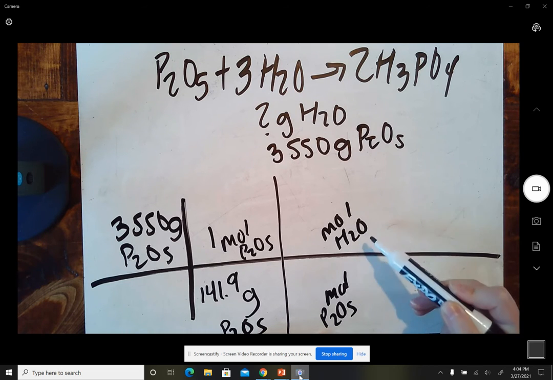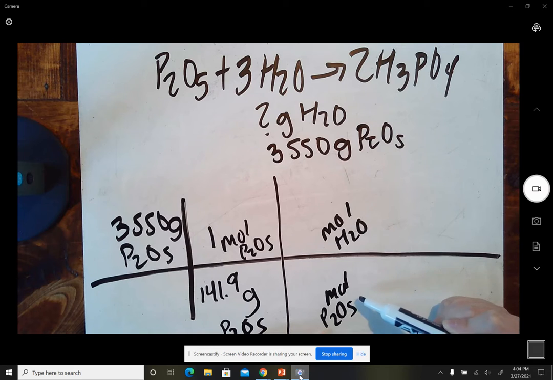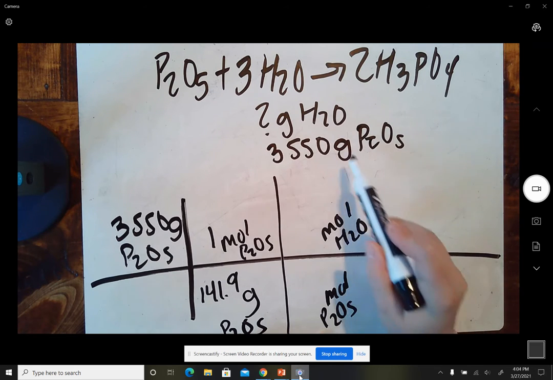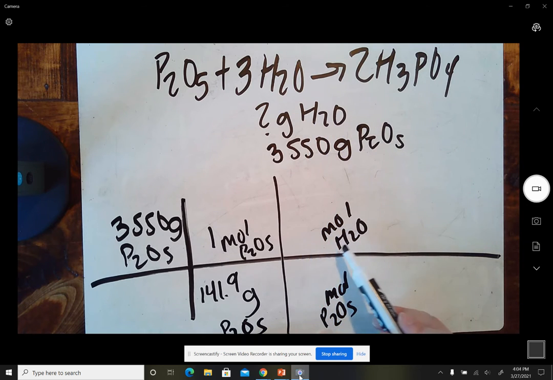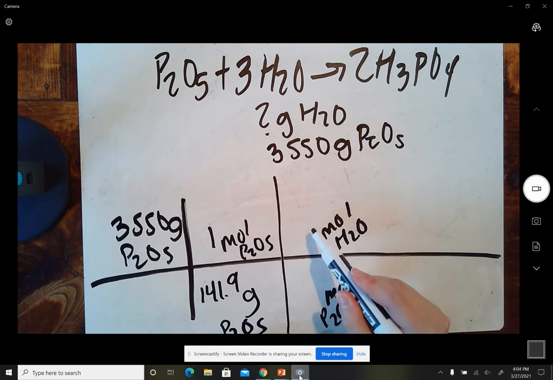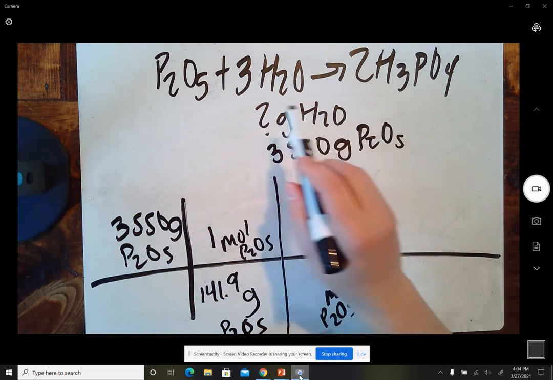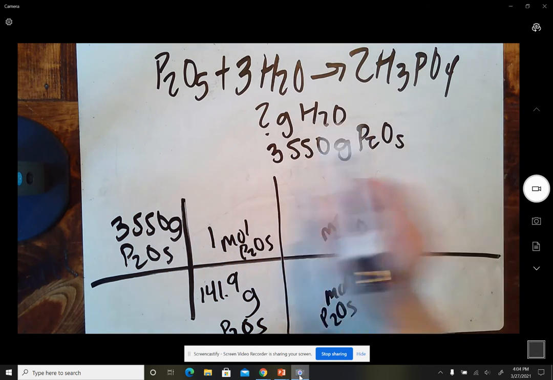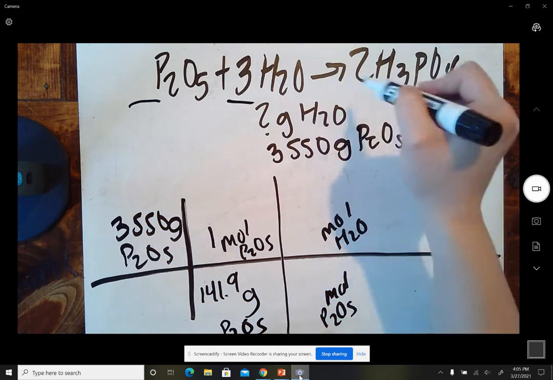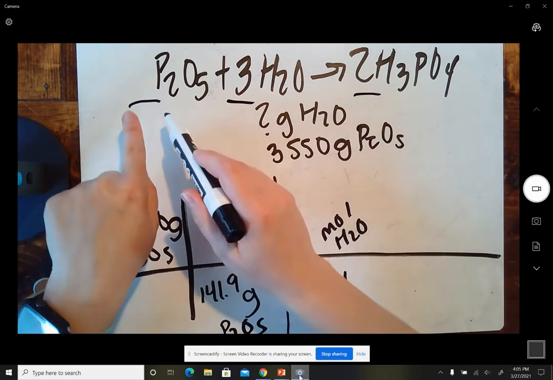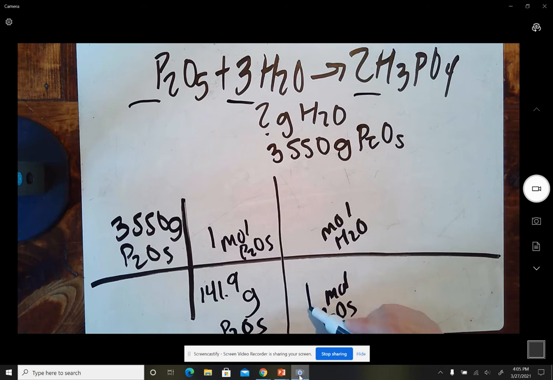That's why I tell you to label it. Where I started, what they gave us, is on the bottom. Where I'm going to, what they want, is on the top. These numbers that go right here in front of these moles come from the coefficients in my balanced chemical equation. So the number in front of P2O5, there's nothing there, so I assume 1.